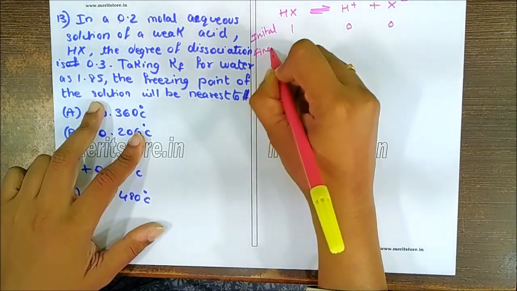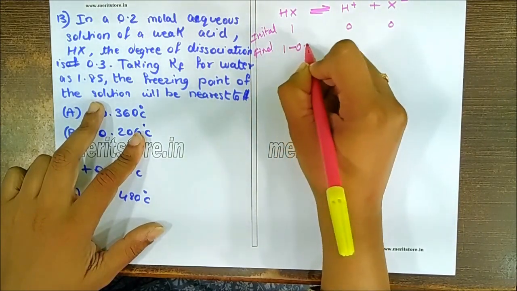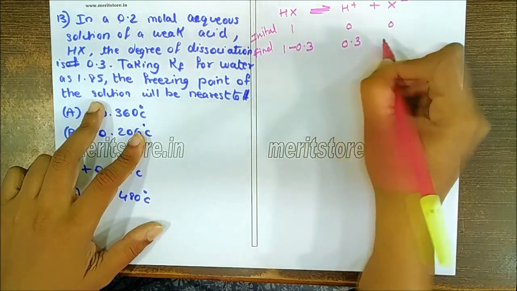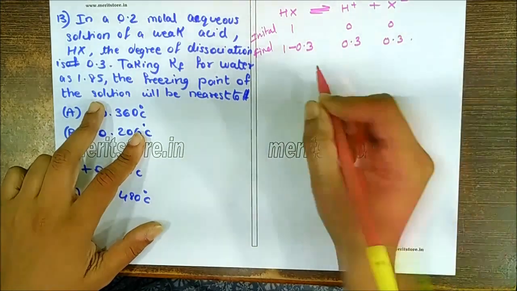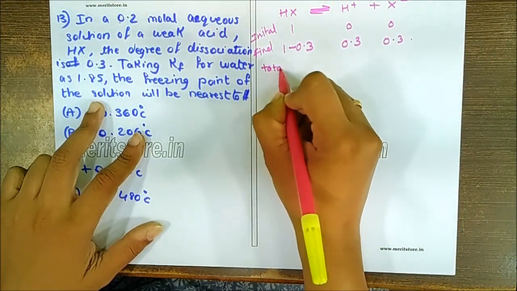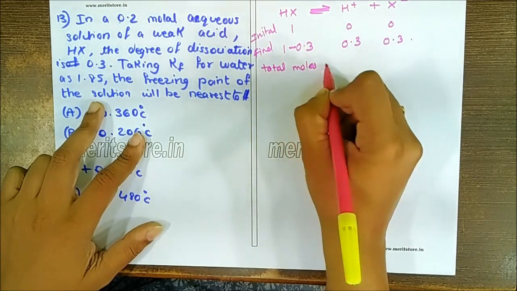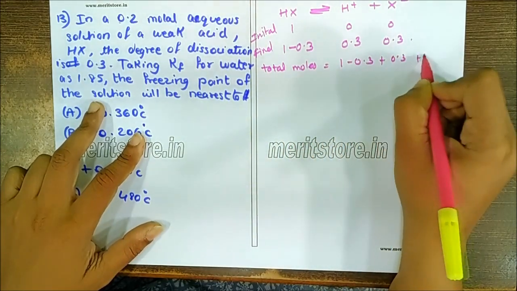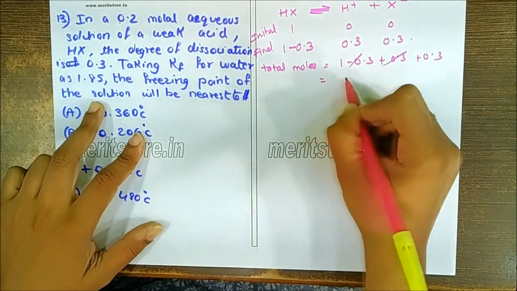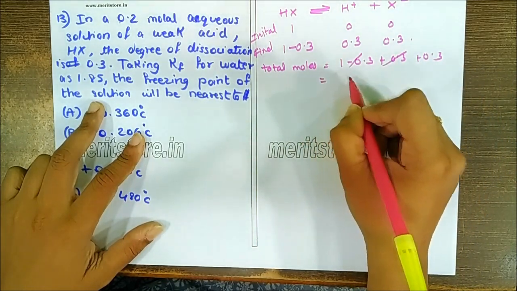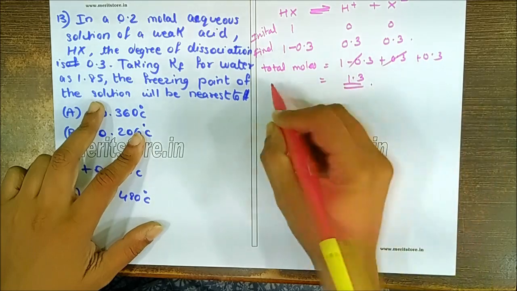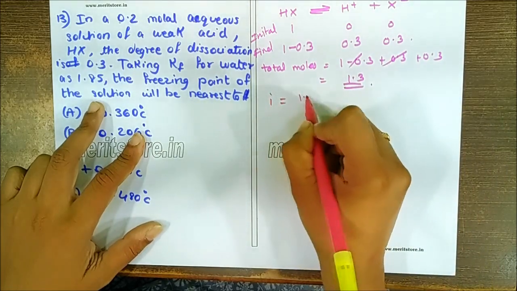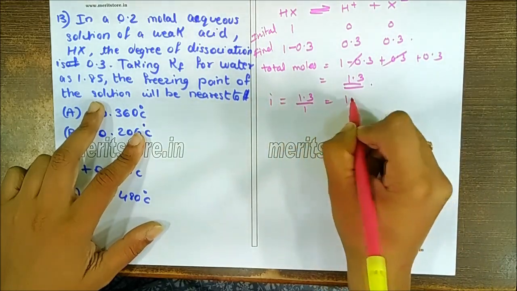Under the final condition, out of 1, 0.3 will dissociate to give 0.3 of H plus and 0.3 of X minus. So the total moles is 1 minus 0.3 plus 0.3 plus 0.3, which comes out to be 1.3. So here i is equal to 1.3 upon 1, so it's 1.3.